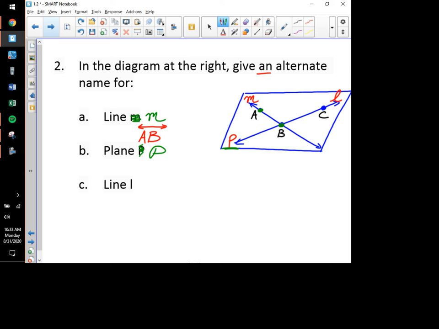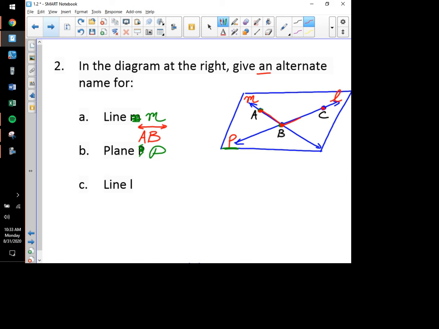Well, the traditional way of naming a plane that we wrote down first was to use 3 non-collinear points that are in that plane. Well, as luck would have it for us, there appear to be 3 points listed in this diagram, and the question is, are they collinear or not? Well, it looks like points A right here and B and C do not all fall on the same line.